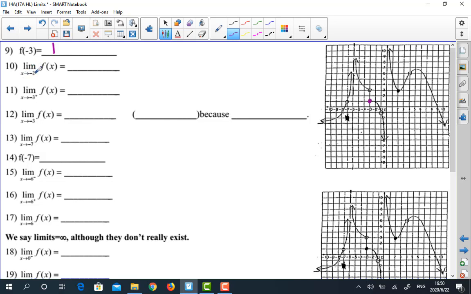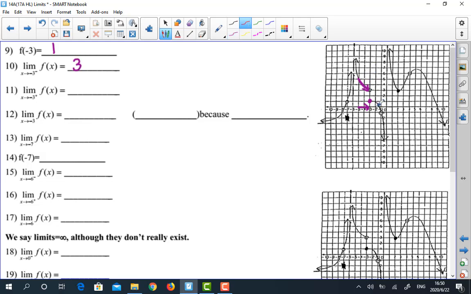Limit as x is approaching negative 3 from the left-hand side, you look at the graph, you need to make sure the x value is approaching negative 3 on the left-hand side. So you need to look at the graph on the left-hand side of x equals negative 3. So the y value is approaching 3.